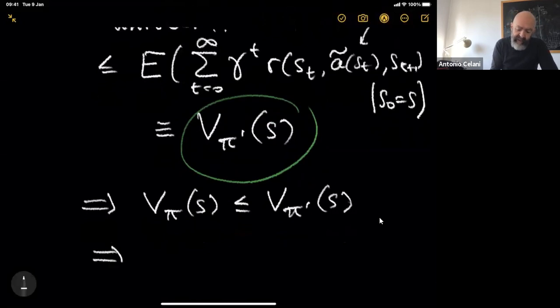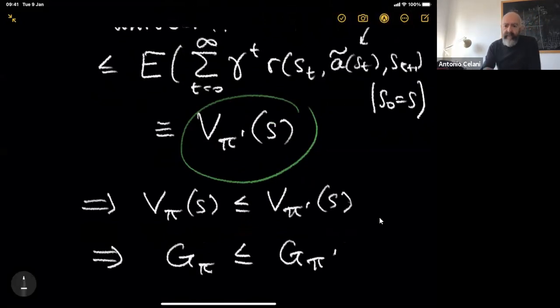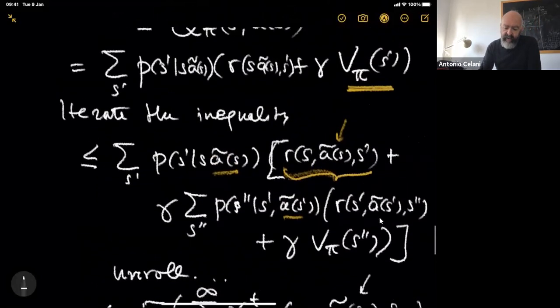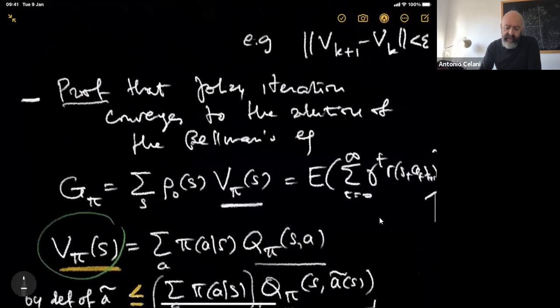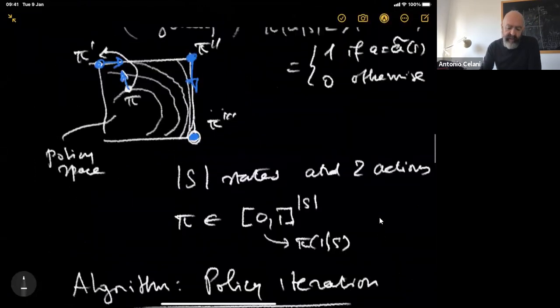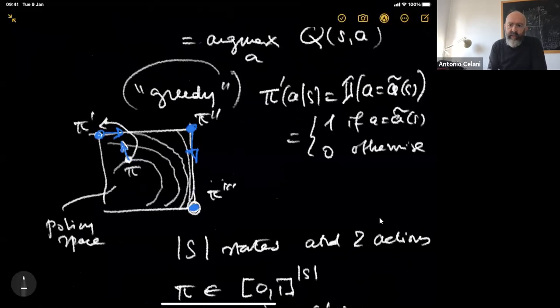And this, of course, implies, if I average over the initial distribution, that my G pi is smaller or equal than G pi prime. So this confirms the not so obvious intuition, actually, that every time you make a step according to this greedy strategy, which sends you in the corners, you're actually improving your G. You're moving up in the level lines every step.